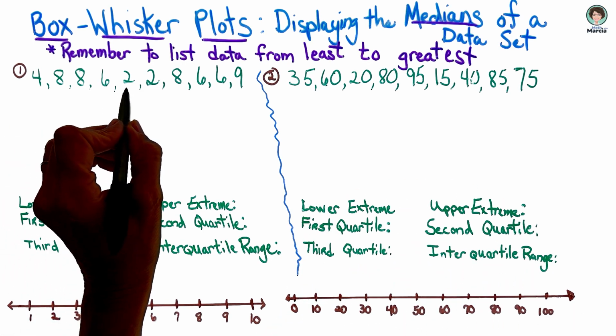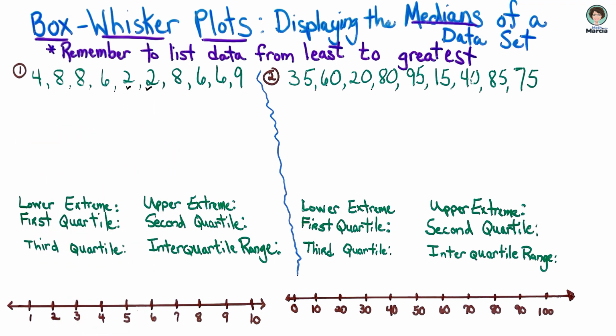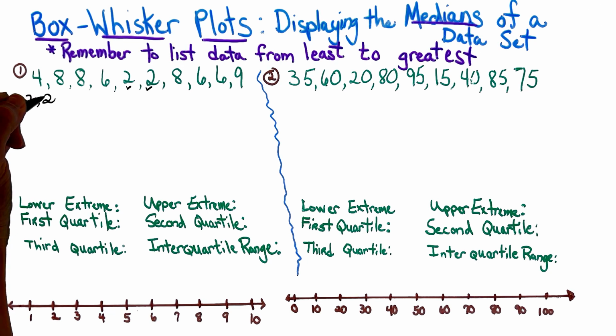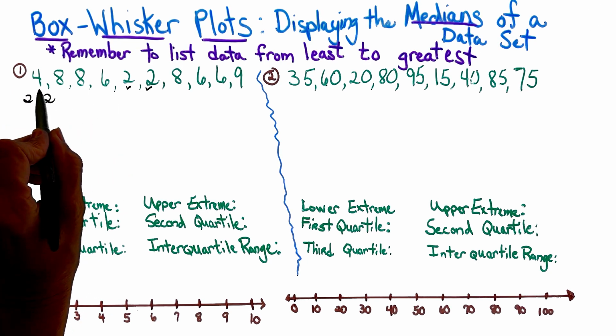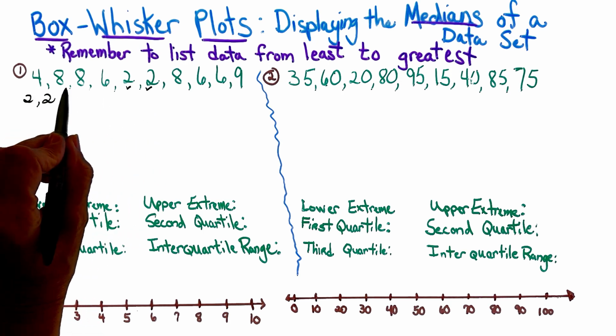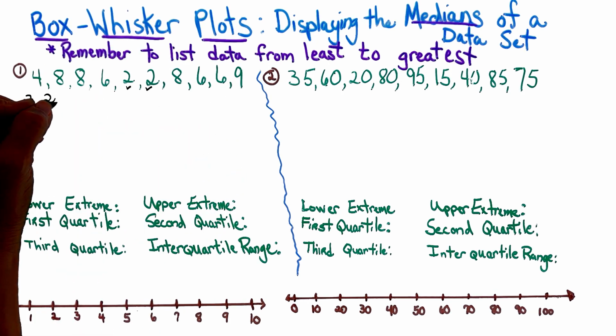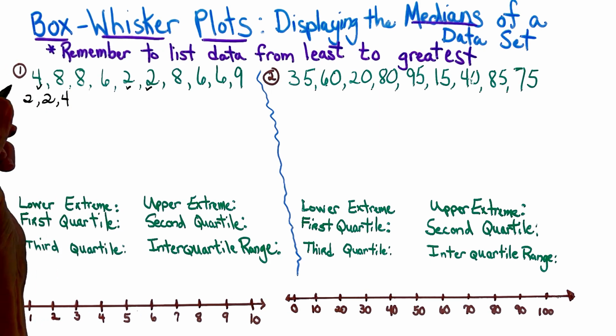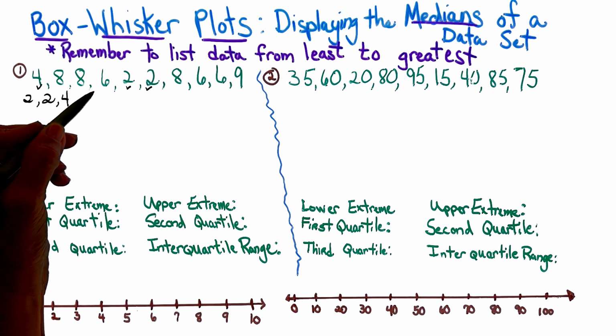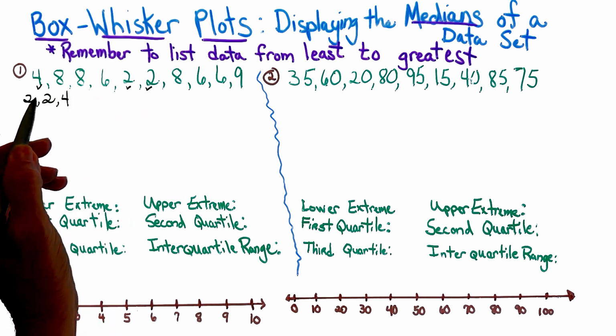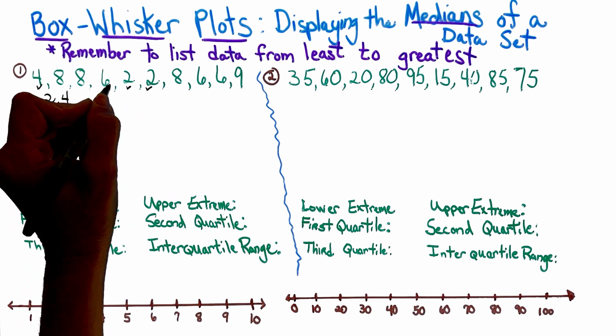So the smallest number, I'm going to put a little check mark as I go ahead and mark it. I see I have two number twos. And then I'm looking at all the data. Yep, you probably saw the 4 is next. I am going to now go to my 6s, and I see, wow, I have 3 of them.